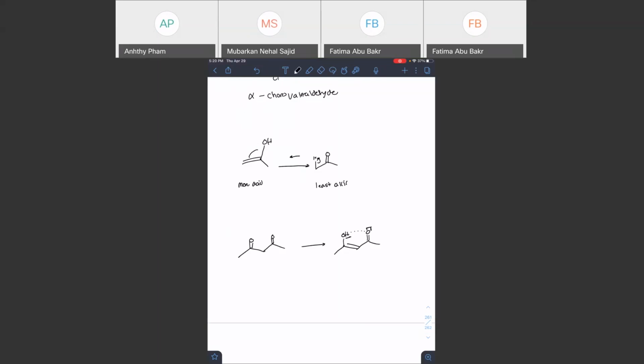So even though in general we prefer to keep things in the ketone position, if it's double like this, you want one of them ketone and one of them enol, because of the hydrogen bonding. So that question will probably come up.